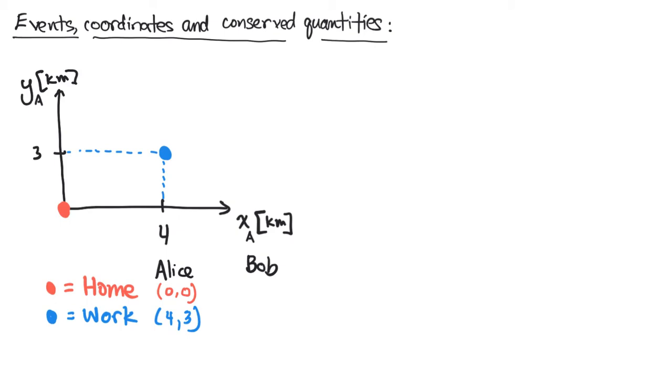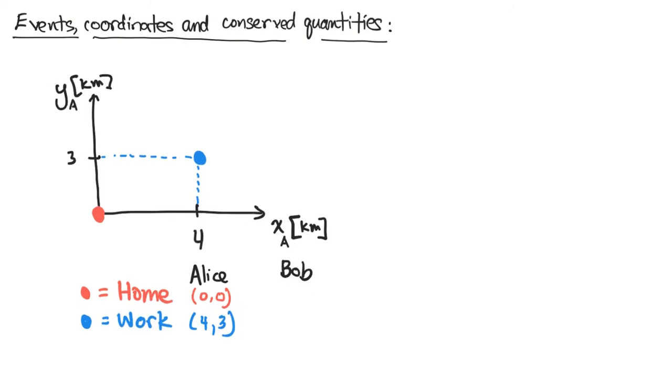Okay, so Alice has chosen to use east, west, and north, south as her coordinate system. But along comes Bob, who's a little bit contrarian, and he decides east, west, north, south is too straightforward. He wants to have a different coordinate system. So Bob chooses a different coordinate system. We're going to indicate that with a green line. And he actually chooses a coordinate system such that his x-axis goes right through the 2 points of interest.